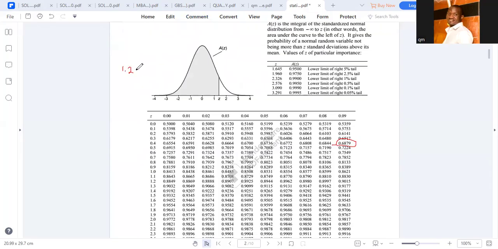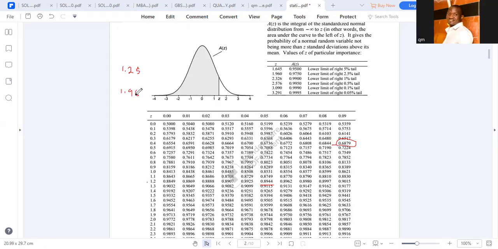This one, the last number, is read from the top. So 1.2 is here and 0.05 is there. So where they meet, this is 1.25. This is a reading for 0.8944.